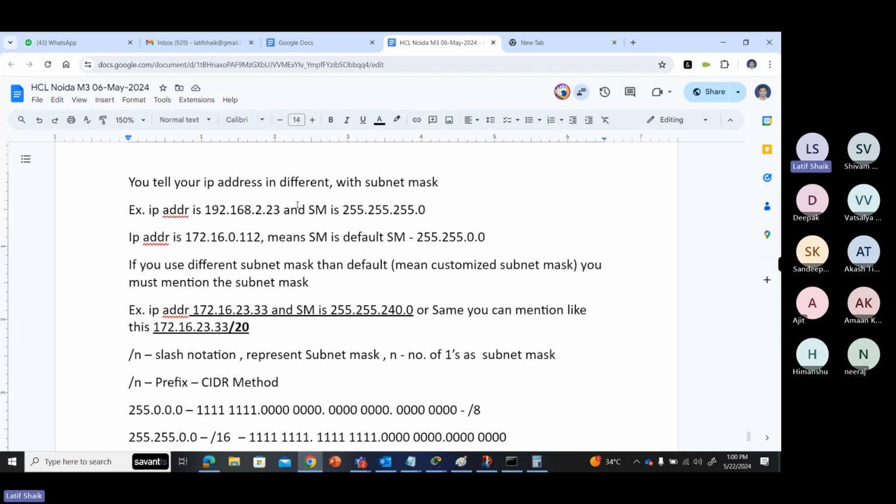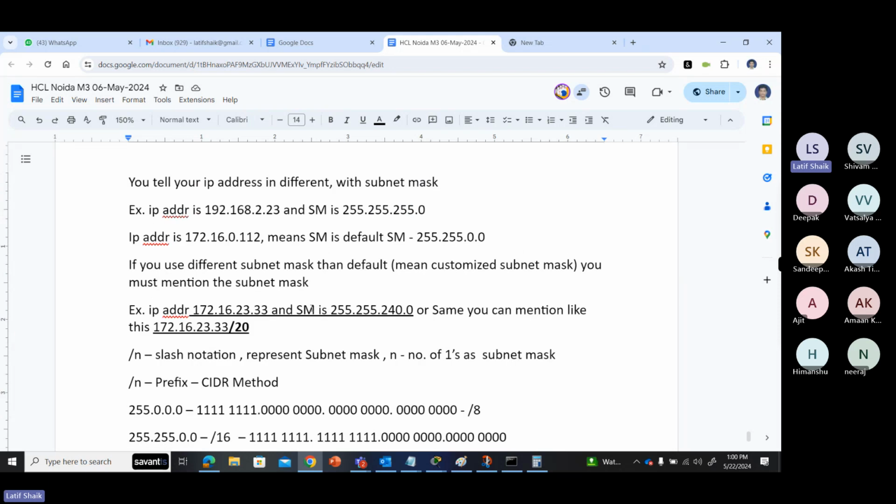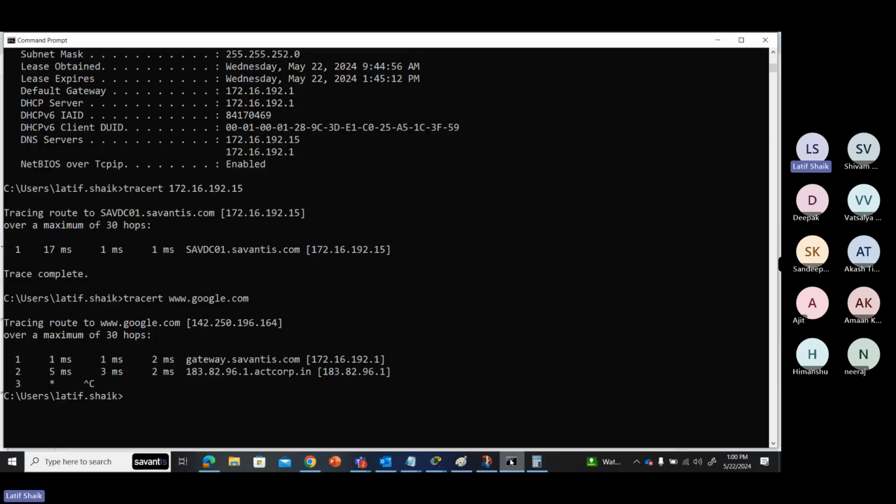You are giving an IP address based on its class, so by default the subnet mask is understandable. If it is a class B you have taken, it means 255.255.0.0.